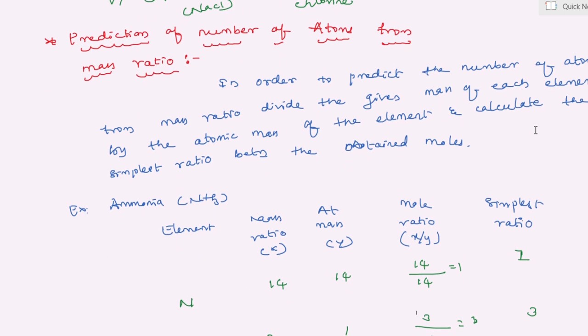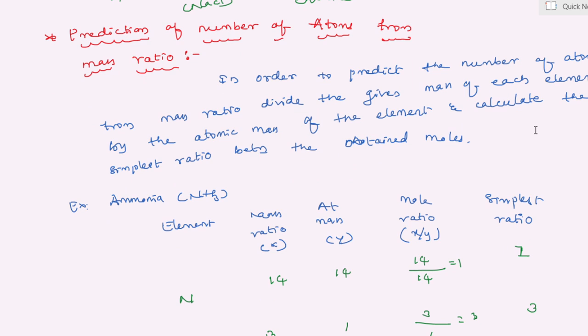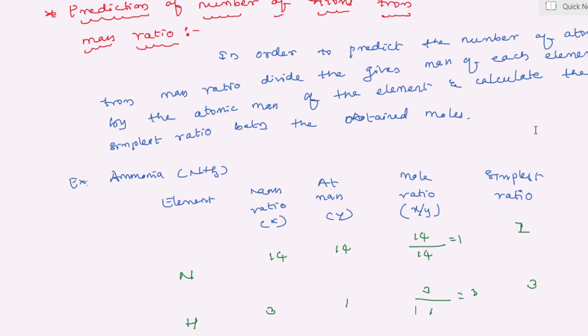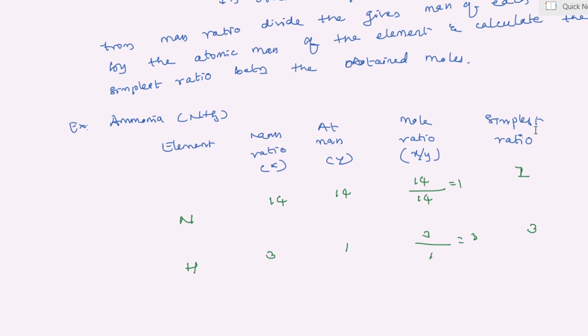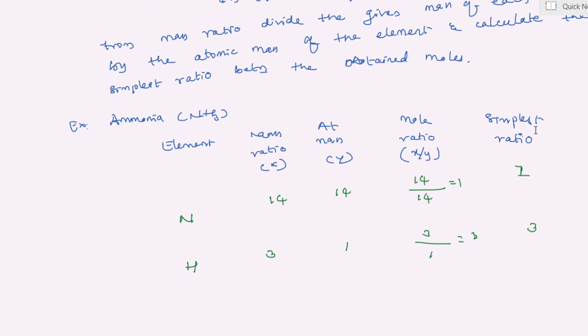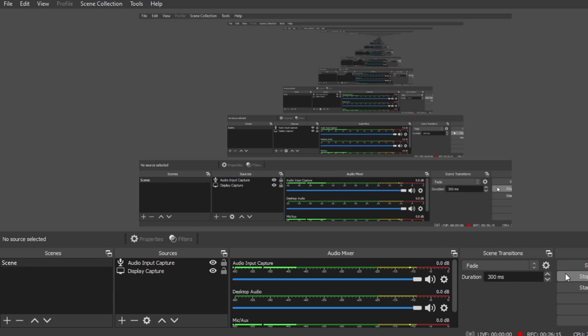In order to predict the number of atoms from mass ratio, divide the given mass of each element by the atomic mass of the element and calculate the simplest ratio between the obtained moles. We calculated this here for ammonia.